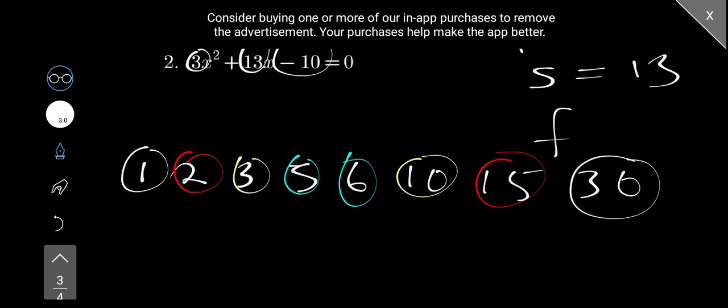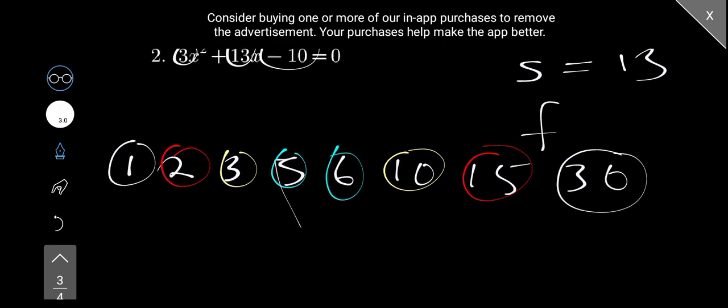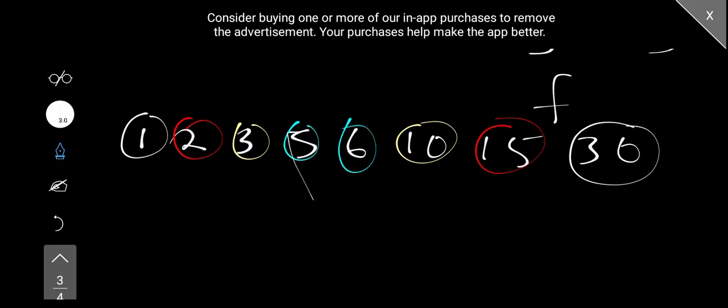Remember, we should get positive 13 when we add. You know that all of these can give us 30 when we multiply them. 1 times 30 is 30. We put any of these negatives, still negative 30. Okay, so we know that 1 and 30 can never give us 13. So disqualified.